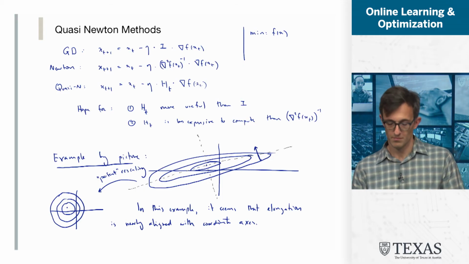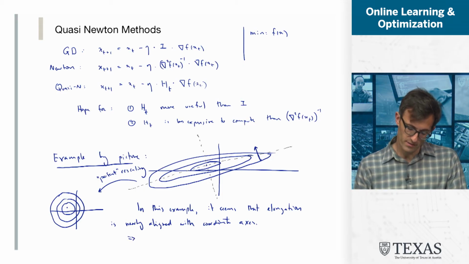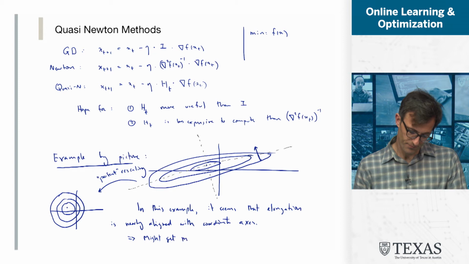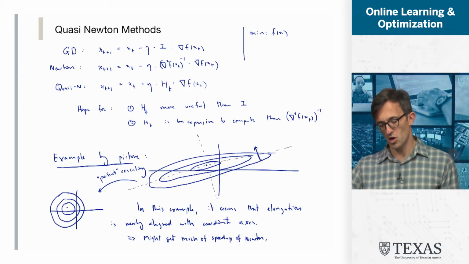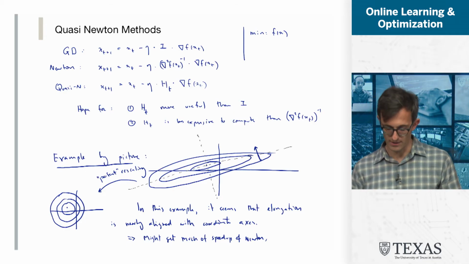So we might hope that we get most of the benefit of Newton's method just by a transformation H, which doesn't rescale all of space perfectly, but just rescales the coordinate axes.